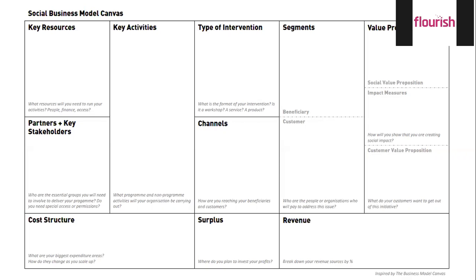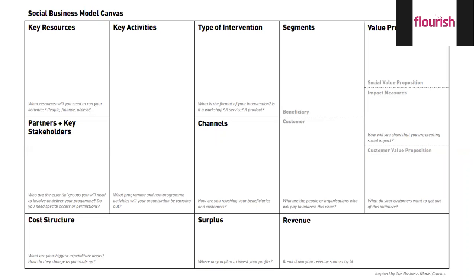You can only really fully understand and complete your value proposition once you start talking to people and asking them, what do you value about what we do? What have you enjoyed? There's a whole session coming up on how to do this.